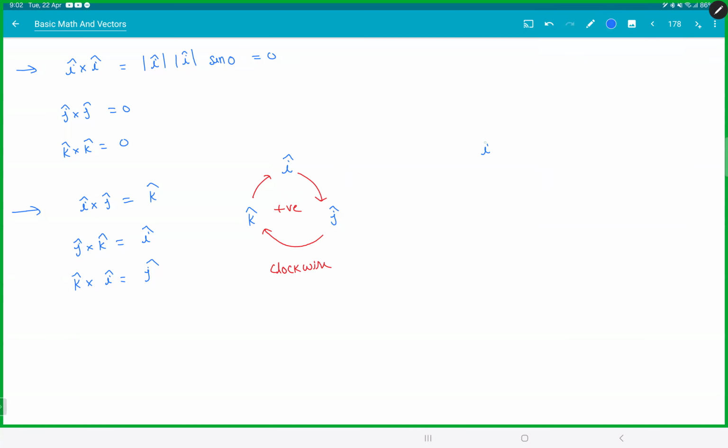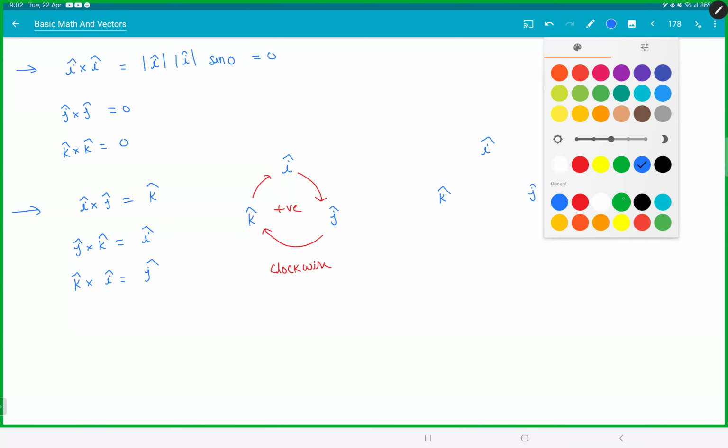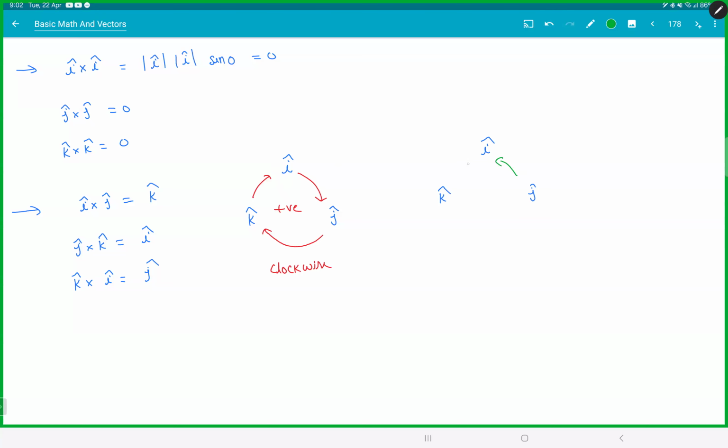But if you rotate in the reverse direction, j cross I will give you minus k. This is a negative rotation. So j cross I is minus k, I cross k is minus j, k cross j is minus I.